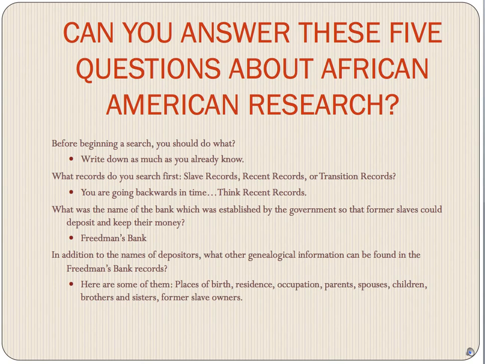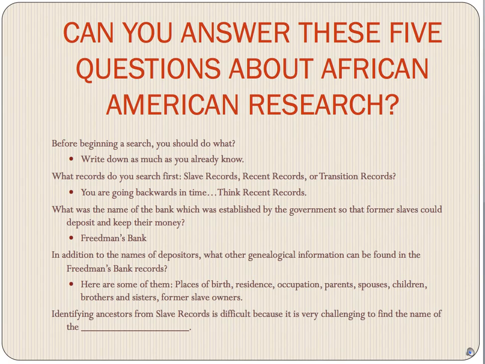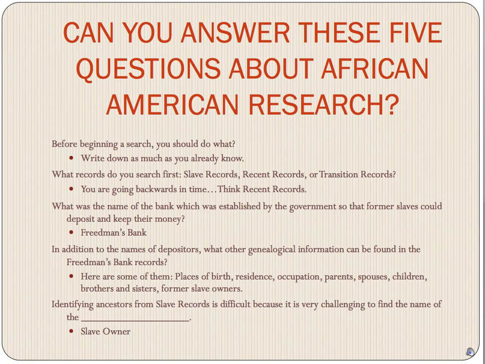Here are some of them: places of birth, residence, occupation, parents, spouses, children, brothers and sisters, former slave owners. Identifying ancestors from slave records is difficult because it is very challenging to find the name of what? Yep, the slave owner.